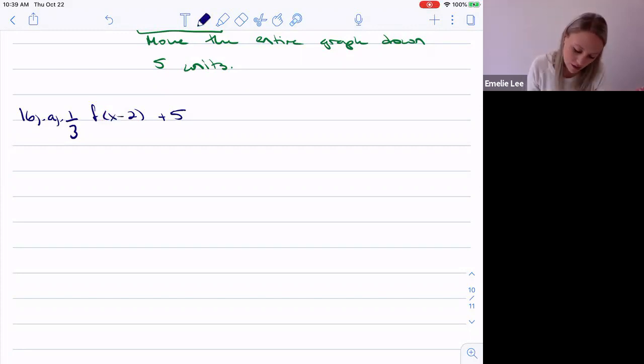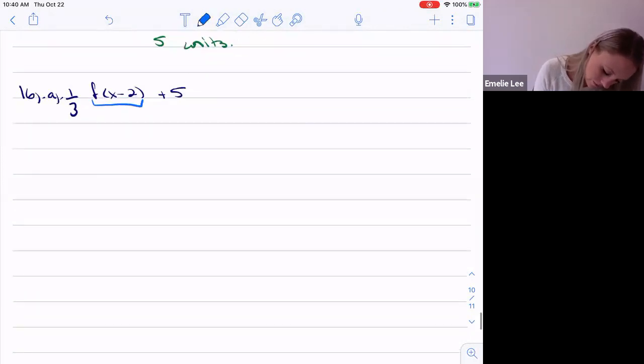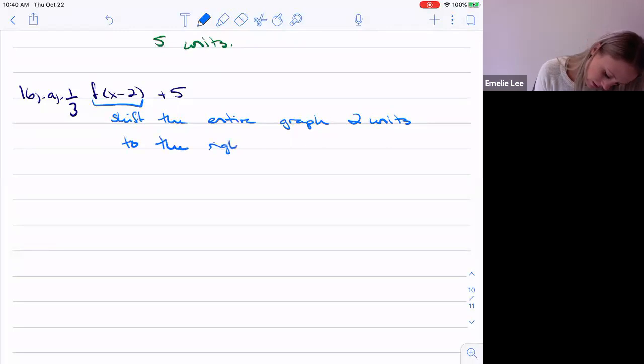So first thing you're going to do here is shift the entire graph 2 units to the right. Okay, so that's the first thing that happens. First you do that shift because that's how things are being applied to this function.